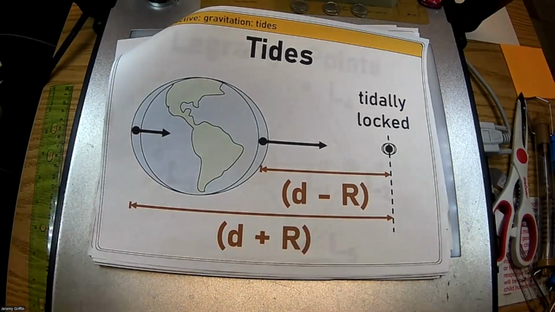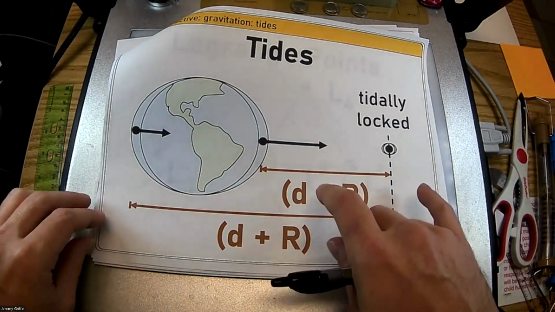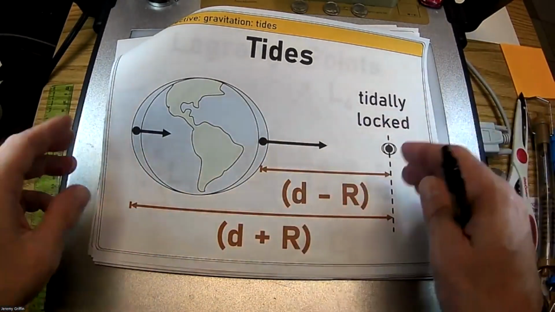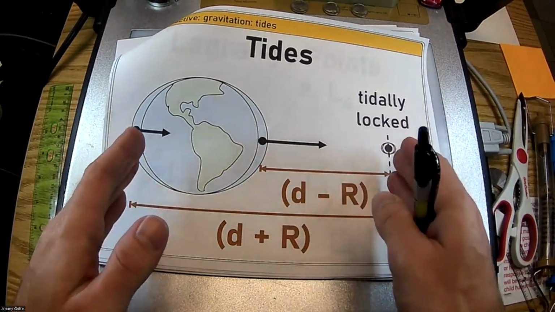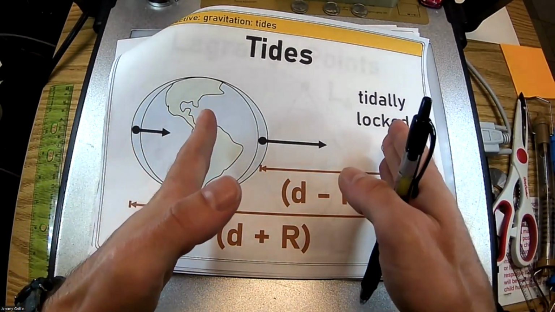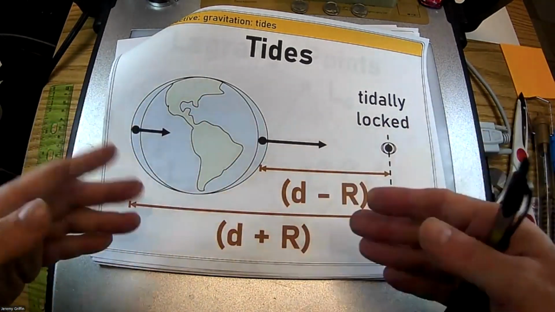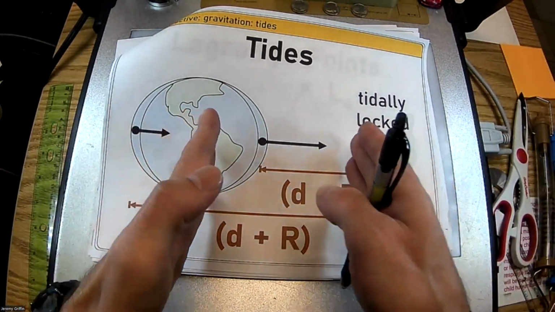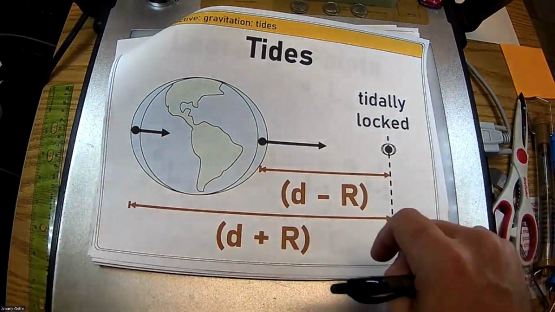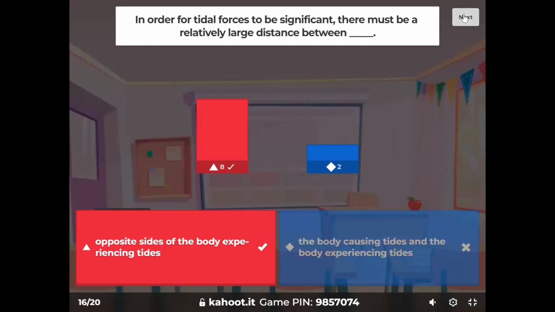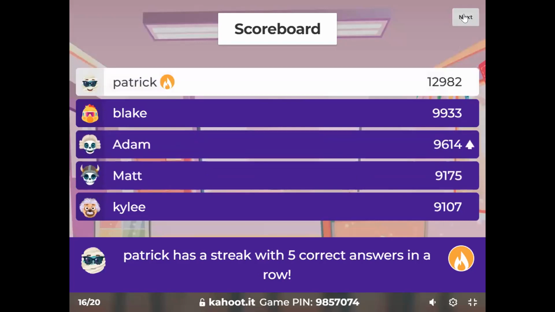Like the Earth and the Moon, there's definitely some kind of tidal action going on. The Moon is closer to one surface of Earth than the other side. Now this picture's not to scale, but you get the idea. The other answer choice that was wrong is actually the opposite of what you want. It says something about a large distance between two objects, which would decrease the tidal force. If the two objects are pretty close to each other, you get a larger proportional difference between the force on the close side versus the force on the far side. Most of you guys got that. Nice, almost there.